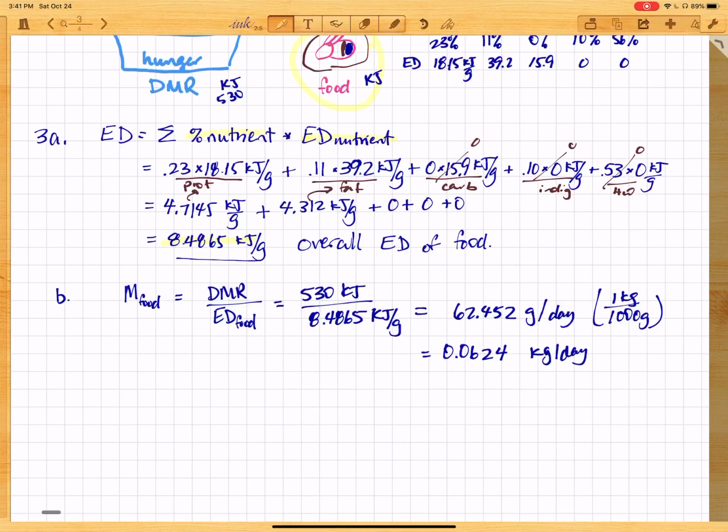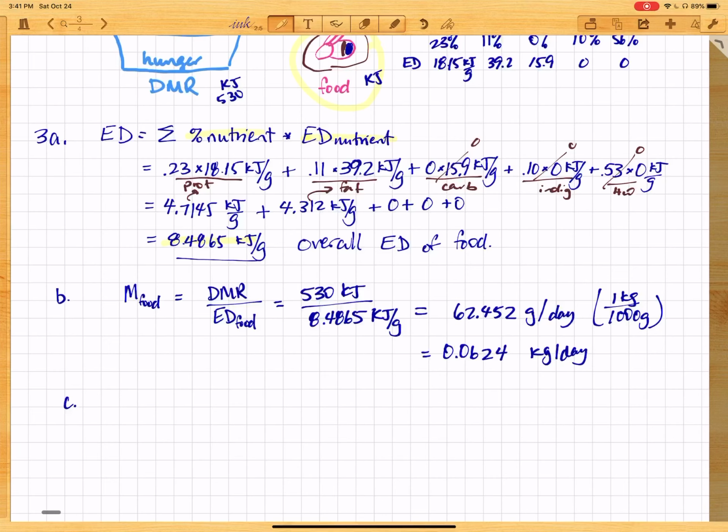Okay, assume an assimilation efficiency of 90%. That means that 90% of the food is converted into usable energy, and of the amount that you consume, 10% is lost to heat and other waste.